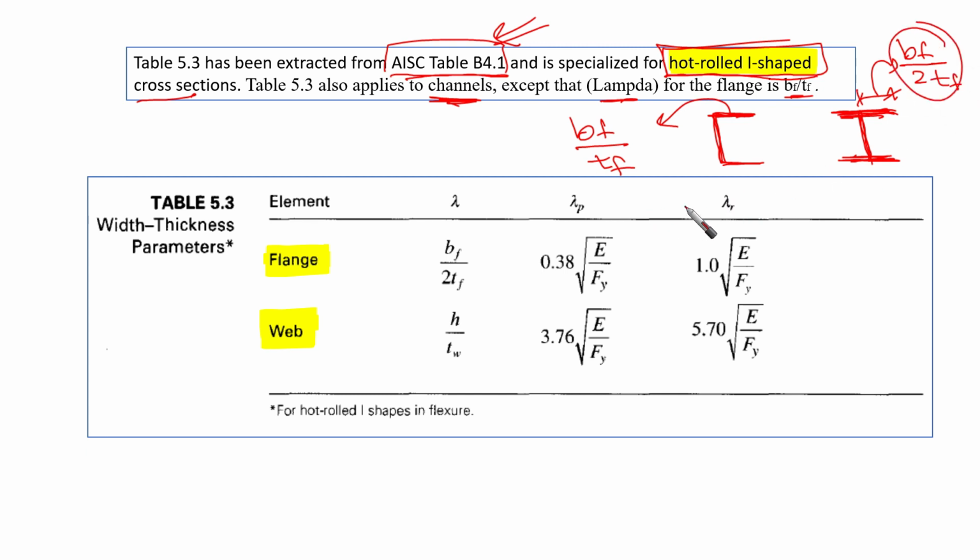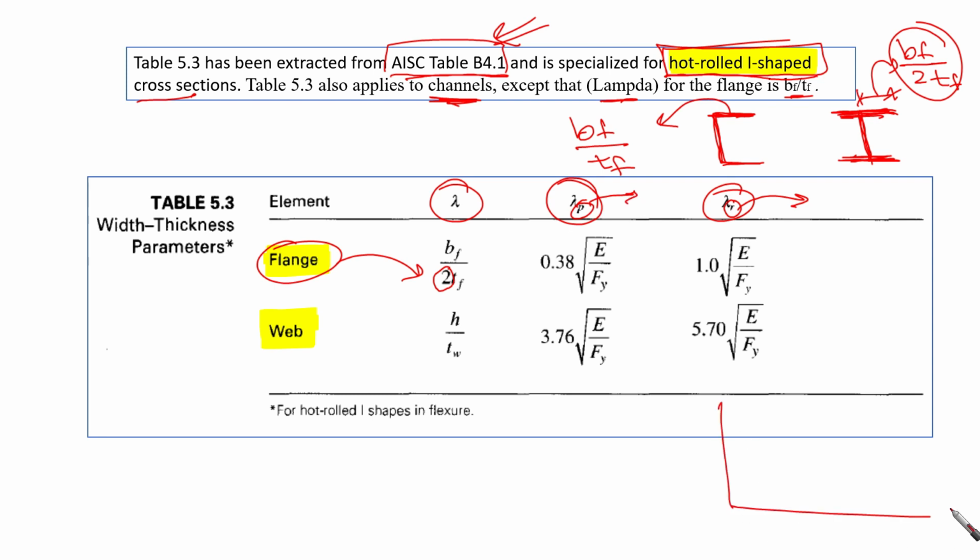This is the common thing whenever we're talking about the flanges. So this is lambda, and this is the upper limit for compact, and this is the upper limit for non-compact. R, I think, is related to the proportional limit, and P is related to the plastic limit.